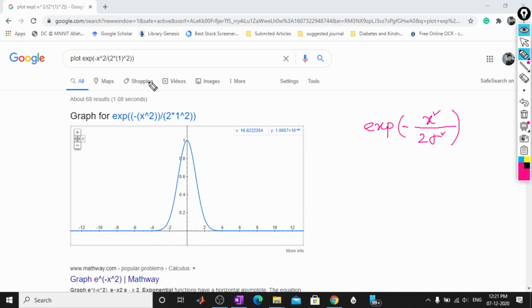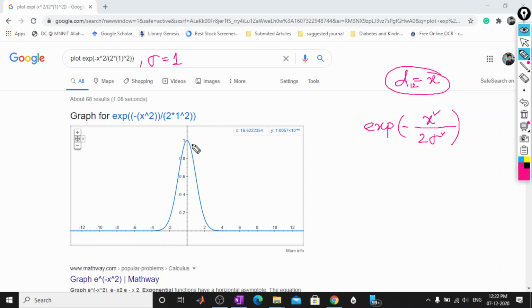Simple, I am typing this. Instead of distance d12, here I am using x. Nothing I am changing here. In this formula, I am using sigma equals 1.